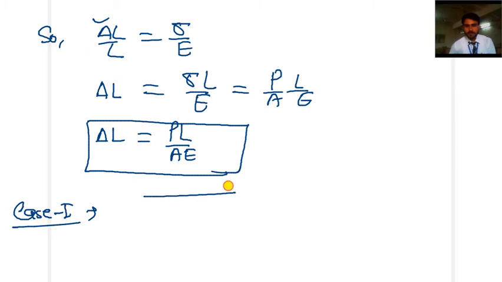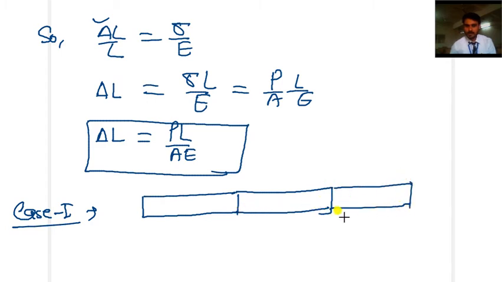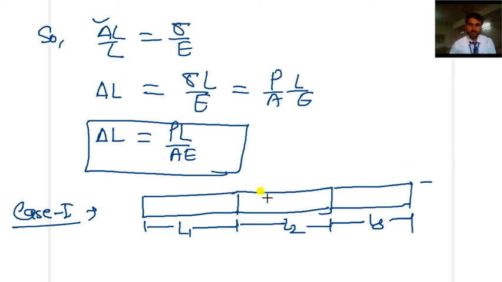if we have bars connected in series, the cross section of the bar is the same but the lengths are different. Suppose this is a bar connected in series pattern: the first bar has length L1, the second bar has length L2, and the third bar has length L3, and the cross sectional area A is the same for every bar.